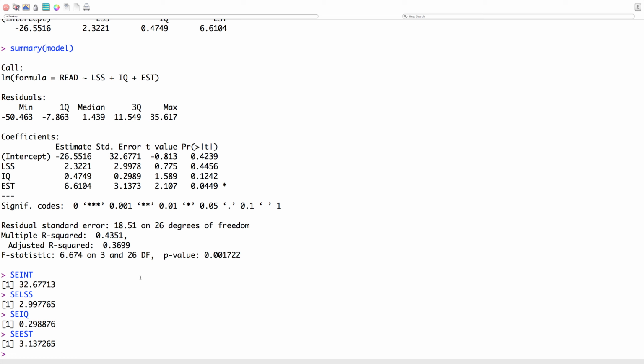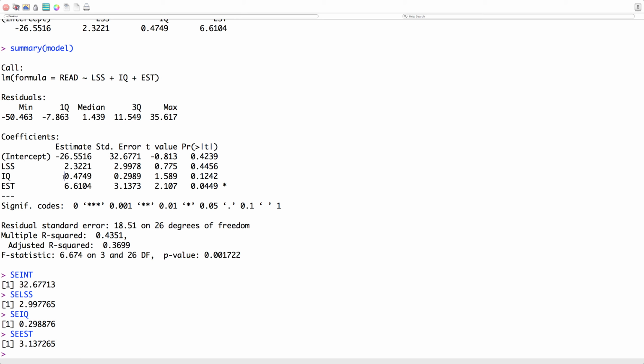Something else I want to show you is a common mistake for a lot of people. They think the bigger this estimate is, the better chance it's got of being statistically significant. And it turned out in this situation that our largest estimate was the one that was statistically significant. However, if you look at the estimate of 0.4749, you've got to take into consideration that the t-value and the p-value are based on the standard error.